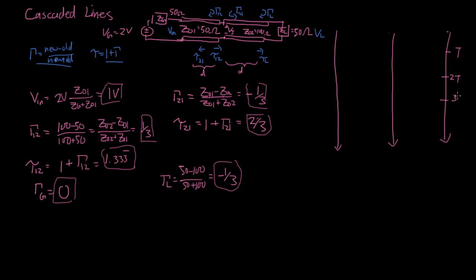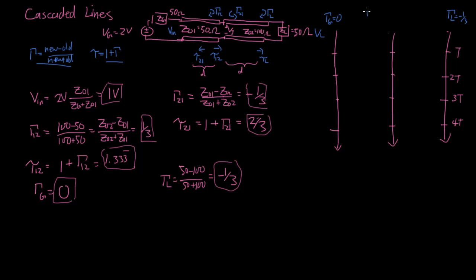Let's go up to 4T, and I'll just add these dashes over here. Make sure that has some semblance of neatness. And then it's also good to summarize the key parameters over here, just so that you don't have to dig them out from all those calculations that you had earlier. So gamma L equals minus 1/3.